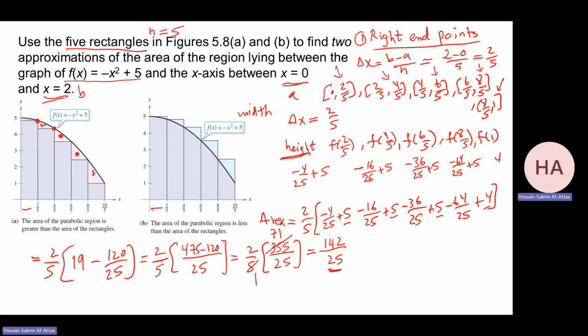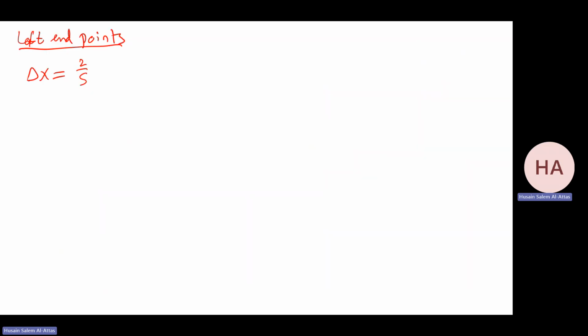Now let me do the left endpoint. Left endpoint. We'll do the same thing. What will be my delta x, which is the width? 2/5. The intervals. So I'm using what for the height?